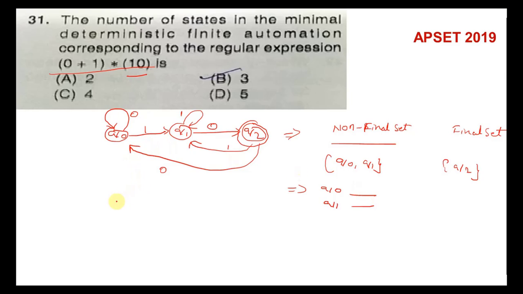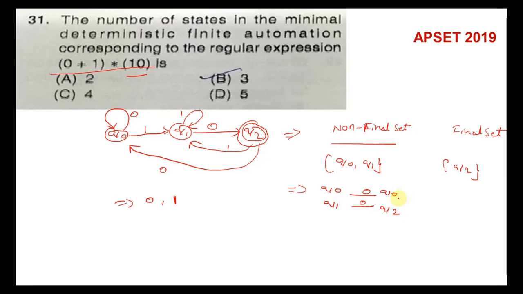In this DFA the input symbols are 0 and 1 only, so first I apply the 0 transition on Q0 and then on Q1. On 0, Q0 reaches the Q0 state, and on 0, Q1 reaches the Q2 state.